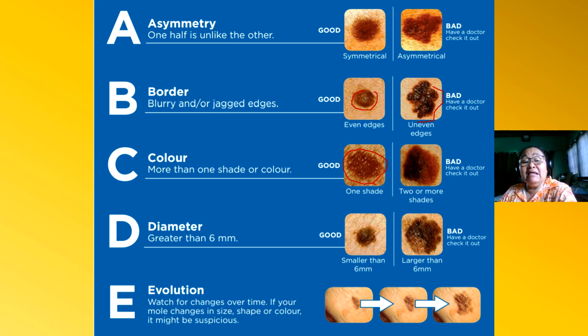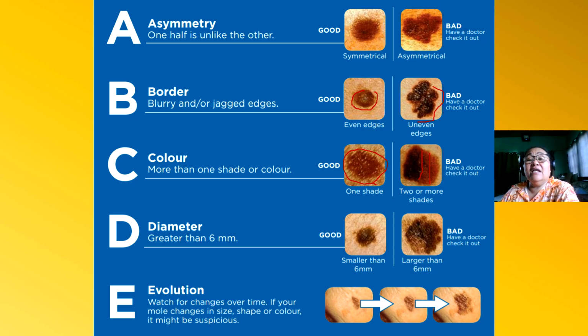But in melanoma, it contains multiple colors. Here we have the black, the brown, the light brown. So they have multiple colors, such as black, red, white, or blue.